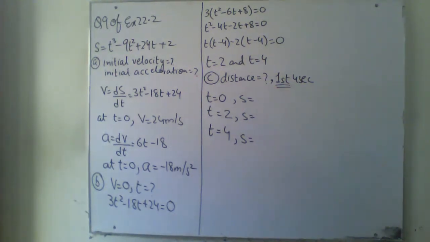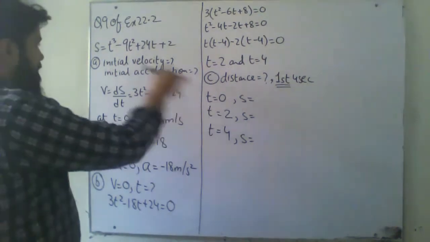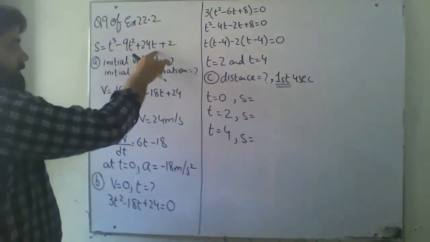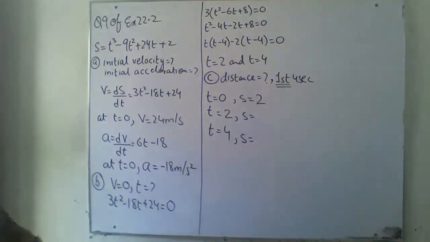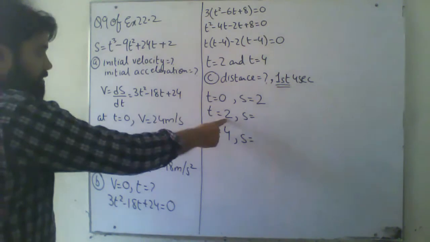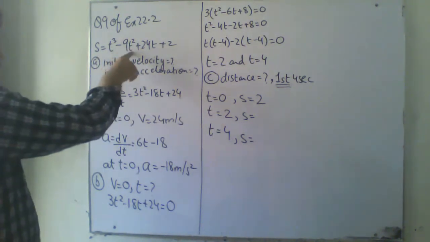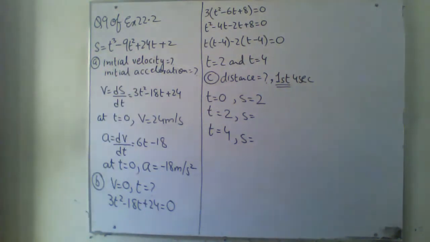Okay, so at t equals to 0, when I will put 0 over here, 0 over here, and 0 over here, my displacement is coming 2. Okay, after that, t equals to 2, I am putting over here, over here, over here, and I am simplifying.